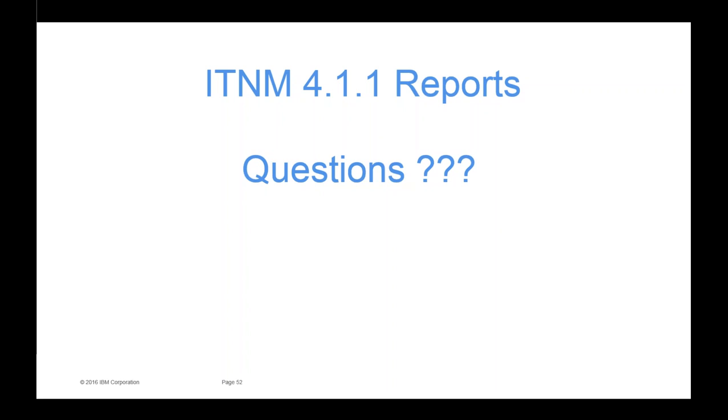Okay, I do have another question. It says, what steps or details does ITNM go through during a full discovery? What is the difference between a full and partial discovery? So a full discovery will go through the configuration that you've issued it as far as the scope and the agents that you've enabled. The partial rediscovery is basically used if you've run a full discovery and you have a device that you want to add.